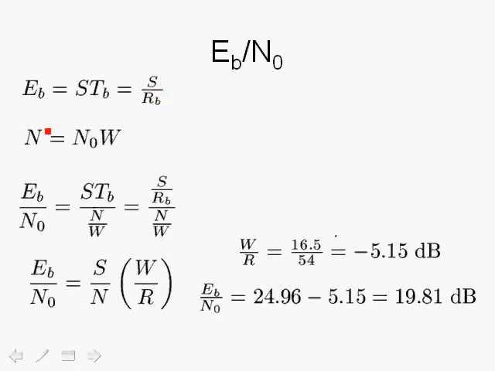The total noise is equal to the one-sided power spectral density of the noise times the bandwidth W. The purpose here is to relate Eb/N0 to the signal-to-noise ratio.